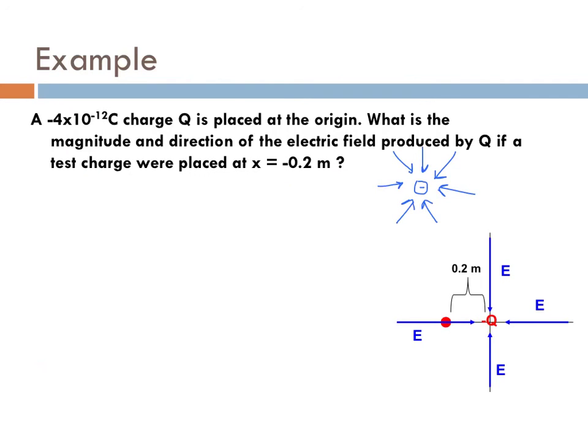So if we want to know what the magnitude of the electric field is, we can use our first equation, which is KQ over R squared. Remember that K is a constant, which is 9 times 10 to the 9th. Q is our source charge, and we're going to put it in as a positive value so that the direction of the electric field comes from our conceptual understanding.